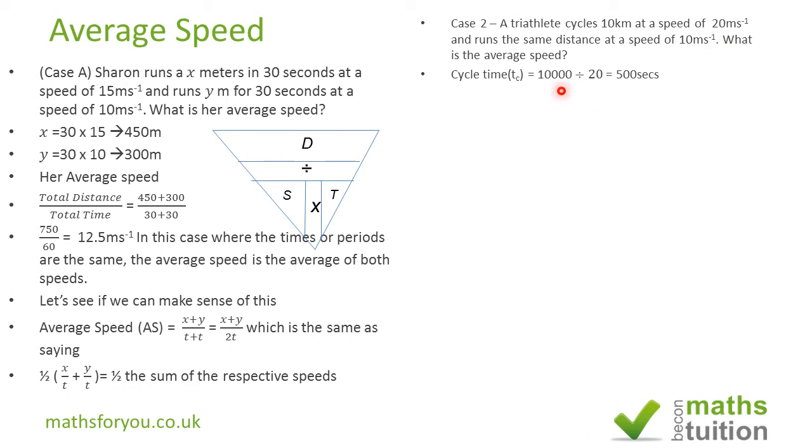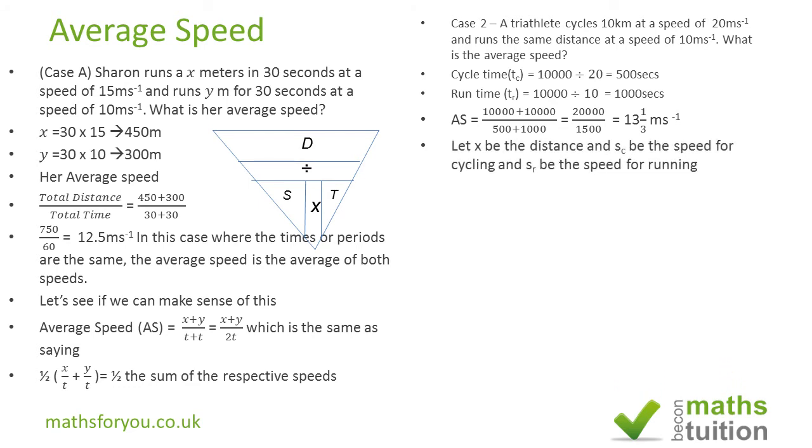So the cycle time is 500 seconds. And the running time, TR, will be 10,000 divided by 10. Don't forget, because we're looking for time, we divide distance by speed. So the average speed, as before, is total distance divided by total time, which is 20,000 divided by 1,500. And we get 13 and a third. There should be an equal sign there. Right, I should change that.